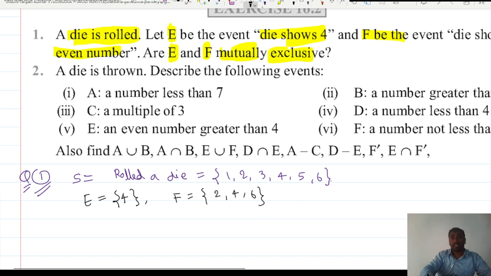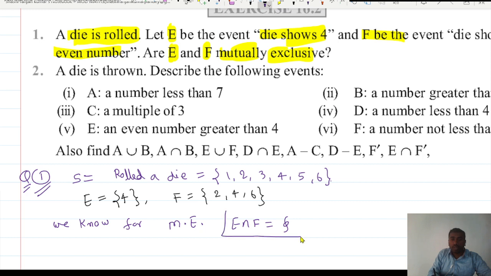Now the question asks, is it mutually exclusive? Let us check. For mutually exclusive events, E intersection F must be equal to the empty set, meaning nothing should be common between them. But here you can clearly see that E intersection F gives us the number 4.